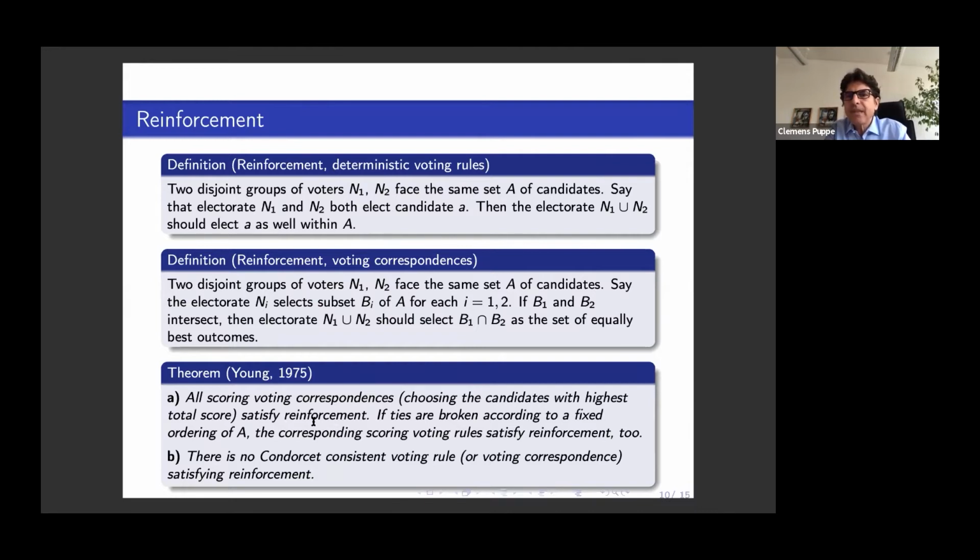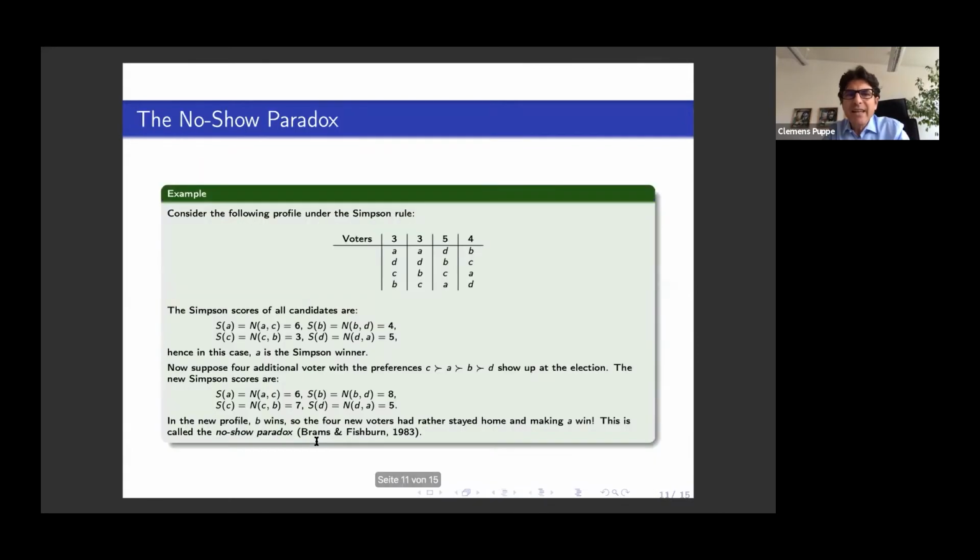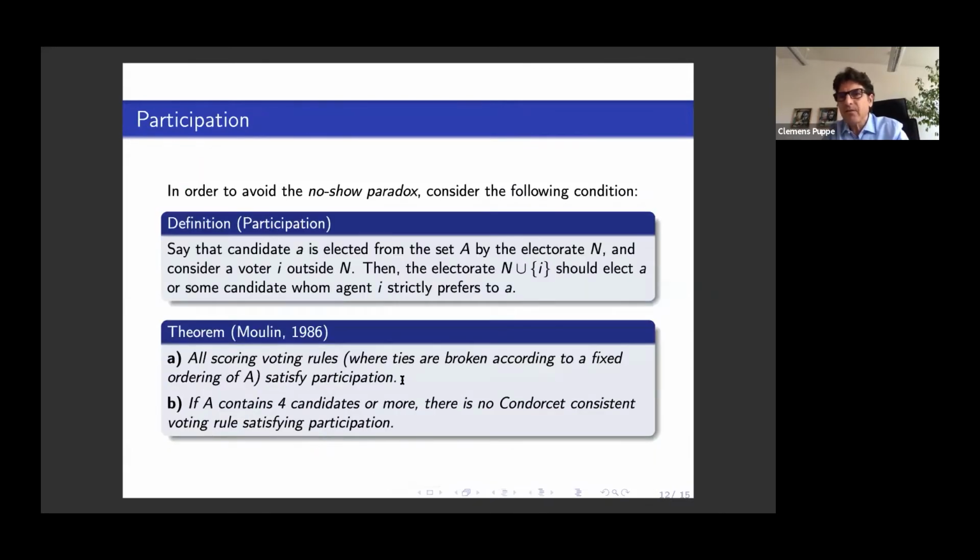So in other words, Young already observed that these reinforcement conditions separate the scoring rules from the Condorcet consistent methods. And the Moulin result is very similar to that.